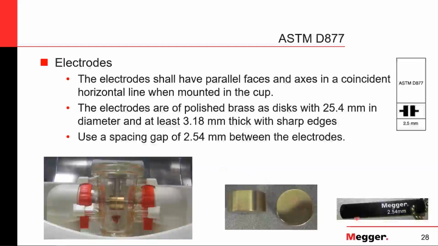Now, these electrodes are actually a closer representation of, for example, the electrodes you can find in a transformer. If you look at any internal part of a transformer, it's difficult to find sharp edges in the connections, the cable routings, or the conductors inside. So again, this is a closer representation of what you can find inside a transformer.